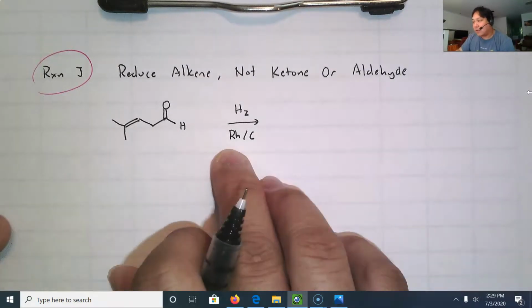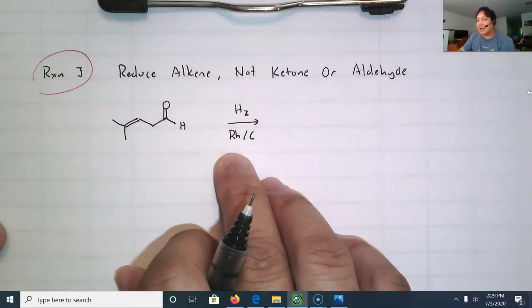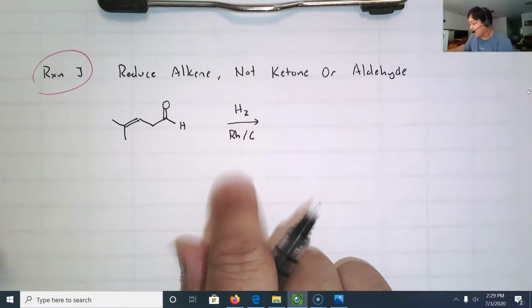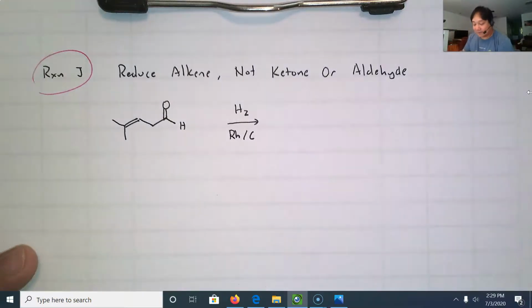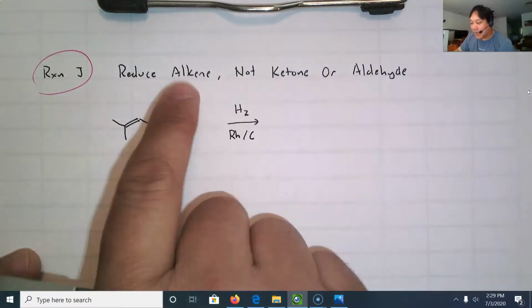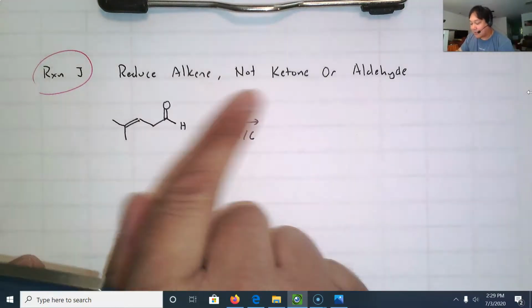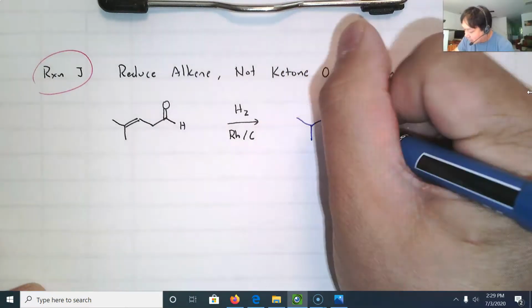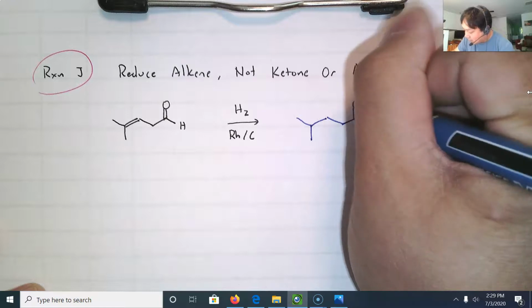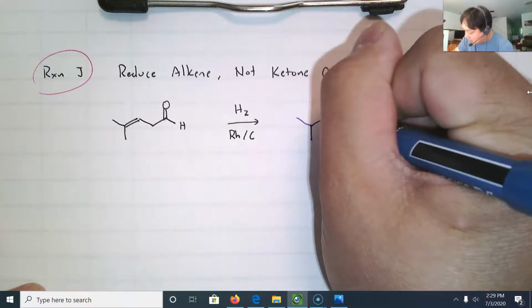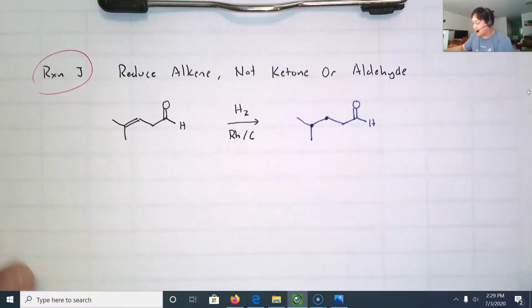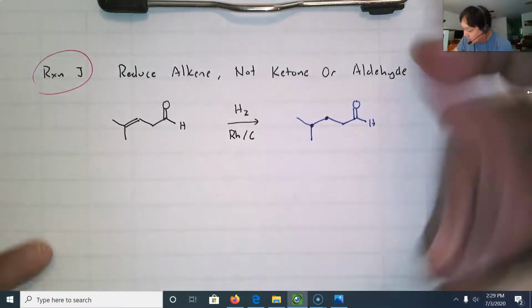It's just rhodium that is adhering to a surface of charcoal powder. This is selective. We are going to reduce the alkene, but not the ketone or aldehyde. Let me double check the number of carbons. Okay, selective.